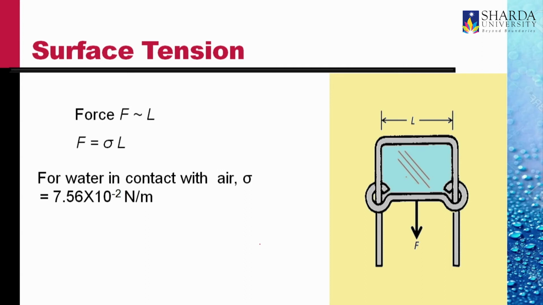For water in contact with air, the value of sigma, the surface tension, is 7.56 × 10^-2 Newton per meter. It is a very small quantity, but can become significant in many cases, two of which we have already discussed.